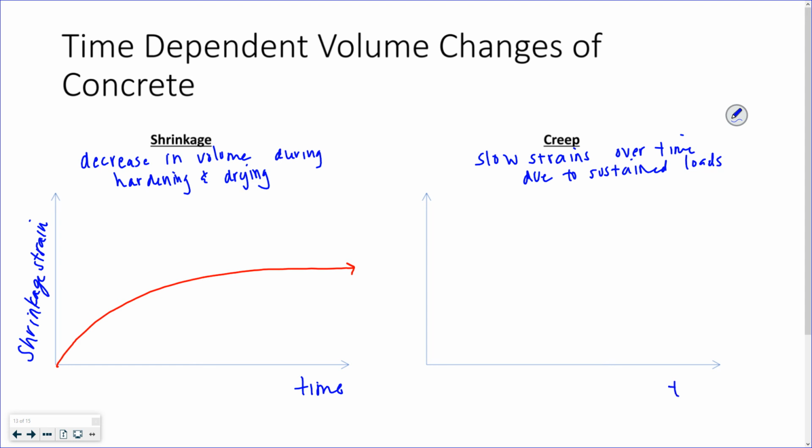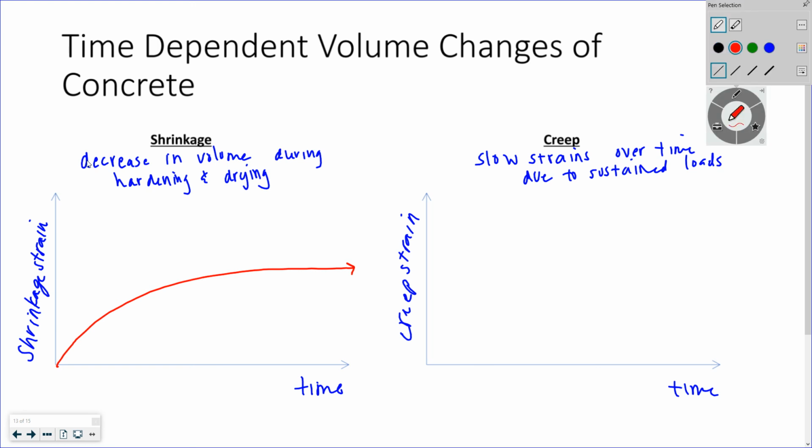So if we look at our time and our creep strain, you have your building, you don't have any loads, everything's fine. You apply a load, bam, you immediately have deflection.